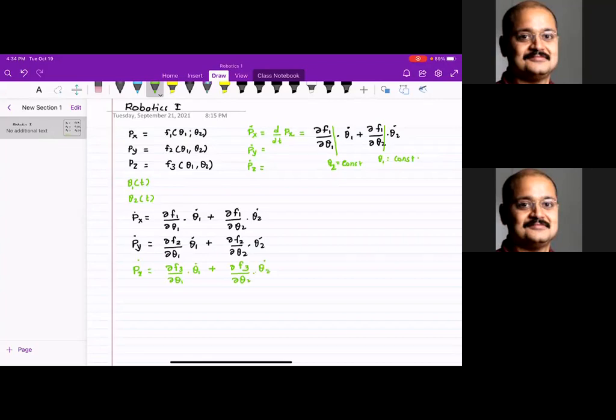Can you see the pattern? The pattern here is if you want to differentiate, you want to take the partial derivatives.